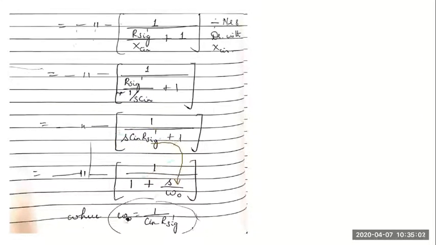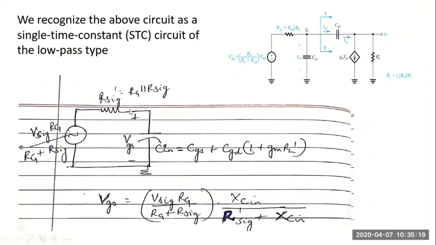Now this is the standard form of writing the expression for any single time constant low pass circuit. So wherever you have a low pass circuit, as shown here, with series resistance, shunt capacitance, what do you think its frequency response will be like?